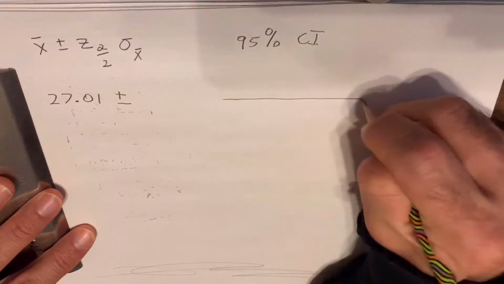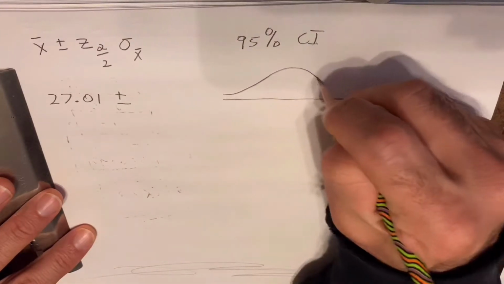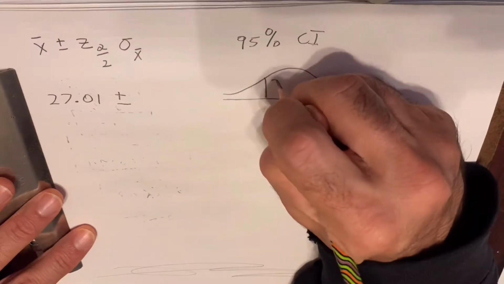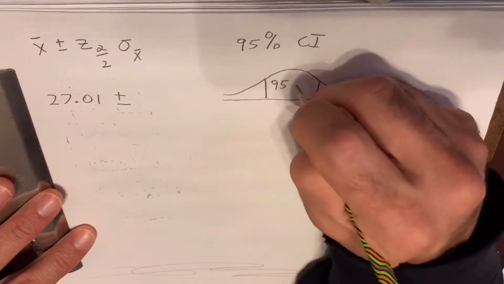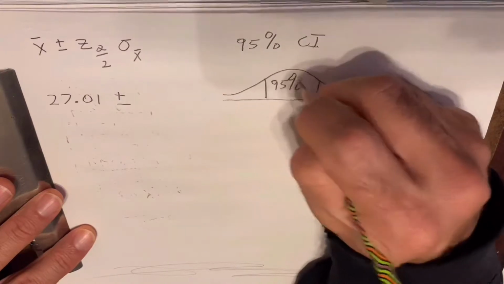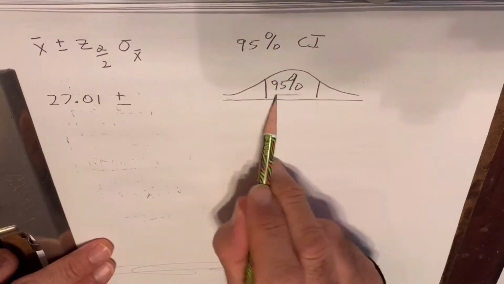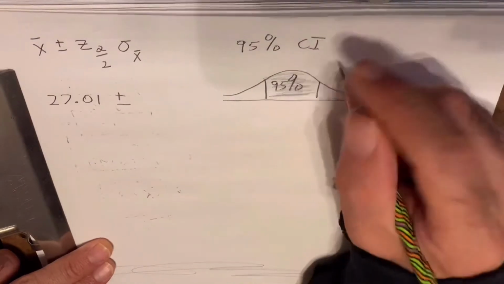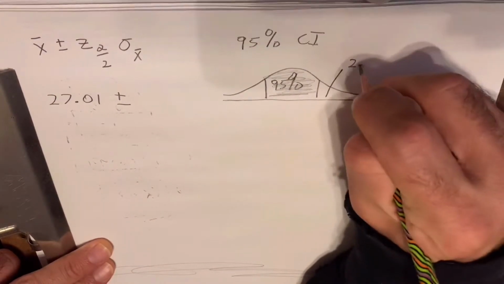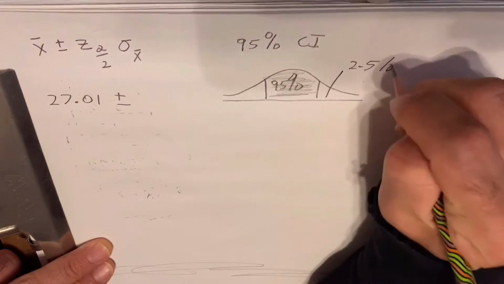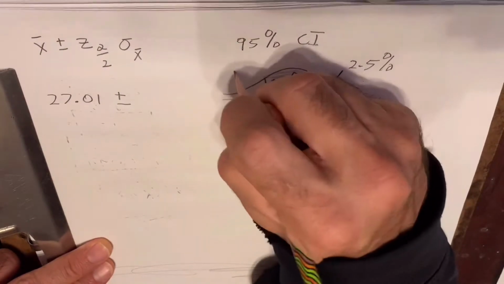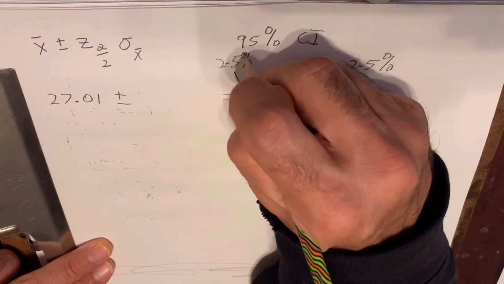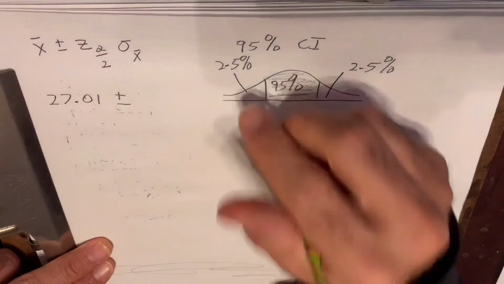So I'm going to draw you a little drawing. If we're having a 95% confidence interval, 95% of the area is inside of this bell curve. So that means there's 2.5% of the area in the right tail and 2.5% of the area in the left tail.